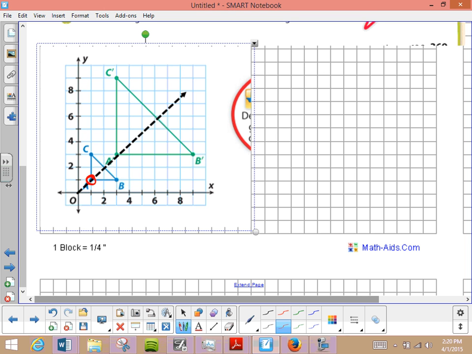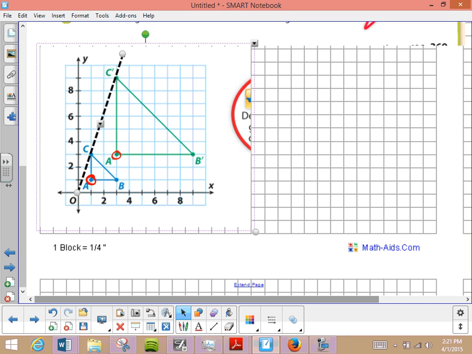A and A prime are basically on the same route, correct? See? It's crossed by the same line that comes from the origin. That means C and C prime should also be on the same line. And they are. And that means that B and B prime should also be on the same line.